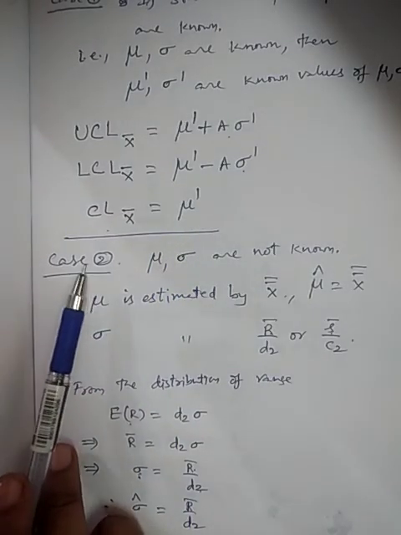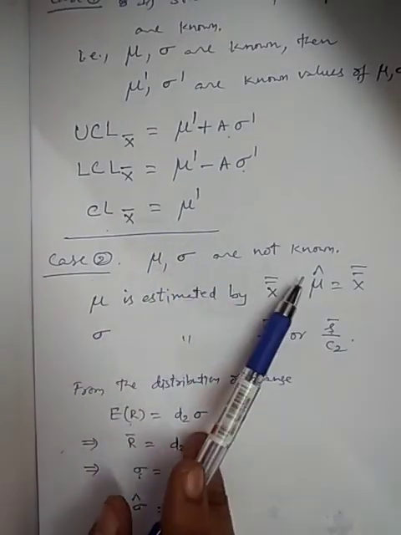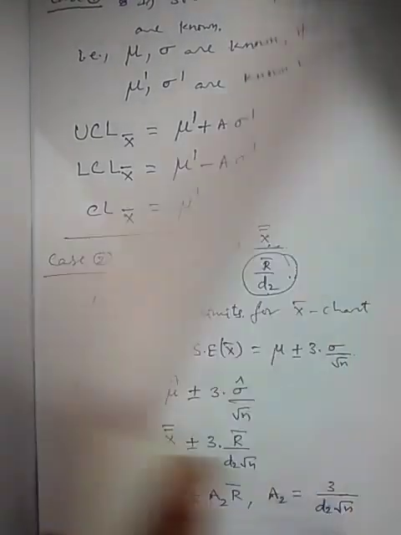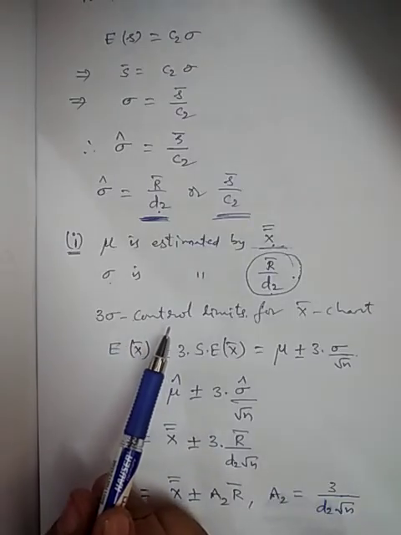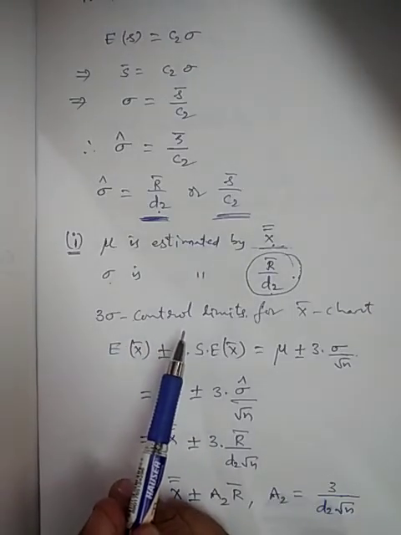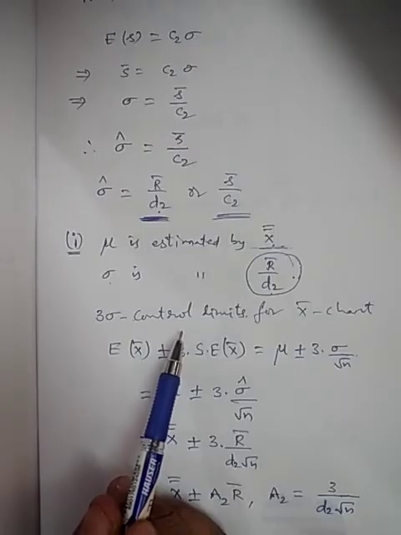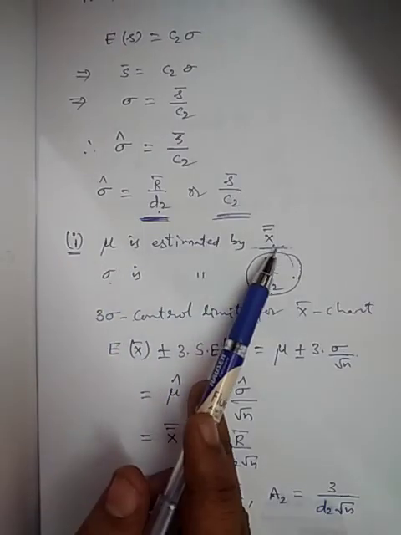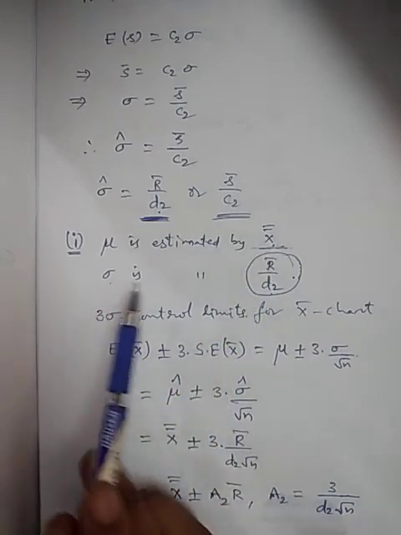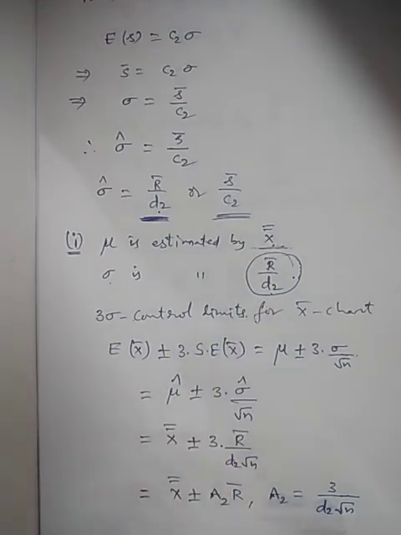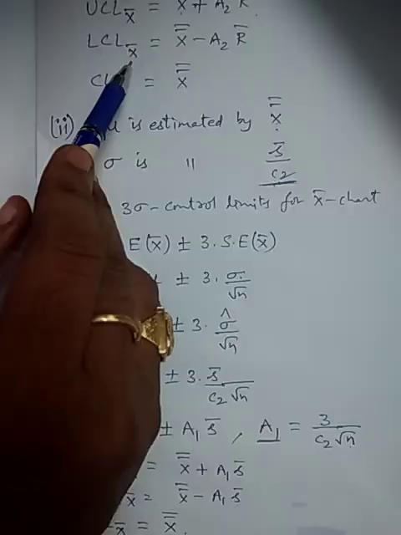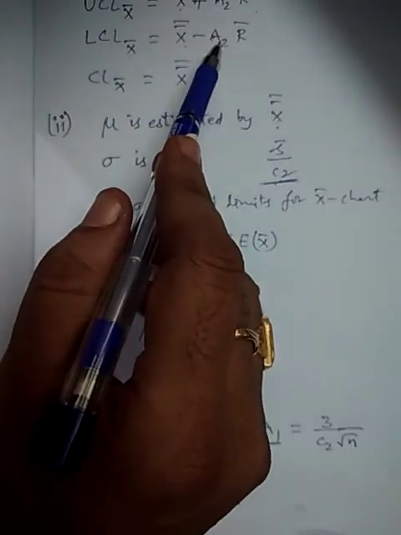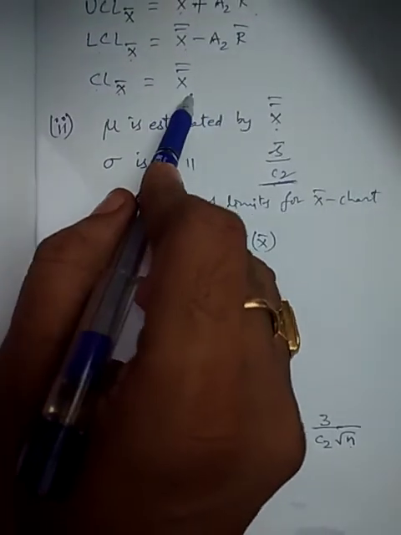Now come to case 2, where mu and sigma are not known. This is the procedure we usually follow. There are 2 methods of estimation. In the first, mu is estimated by X double bar and sigma is estimated by R bar by D2. Then the control limits are UCL of X bar equal to X double bar plus A2 R bar, LCL of X bar equal to X double bar minus A2 R bar, and CL of X bar equal to X double bar.